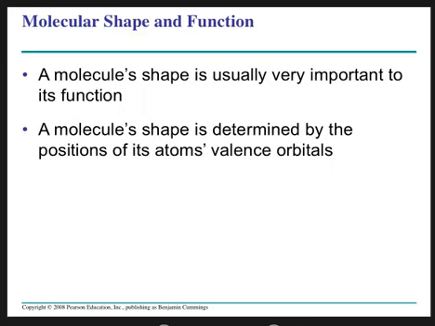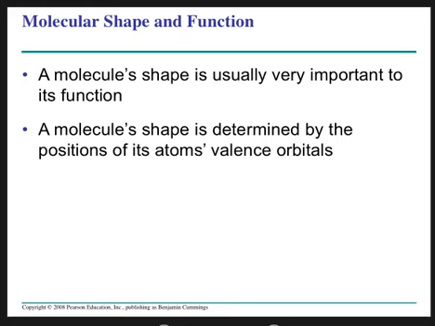Okay, so molecular shape and function. We're going to touch on this from the aspect that function and shape are really, really important to a molecule. And that becomes super important when we get to the macromolecules in chapter 4. So that's part of why we touch on it here.